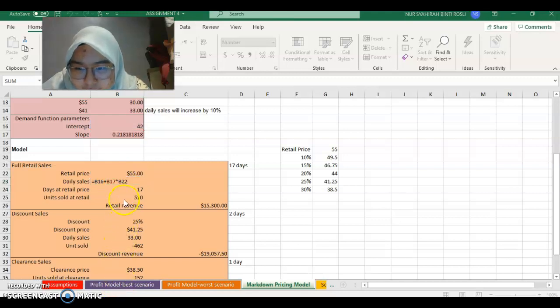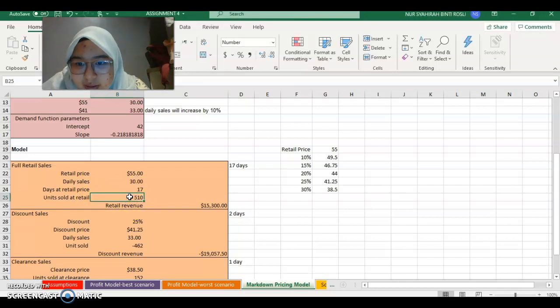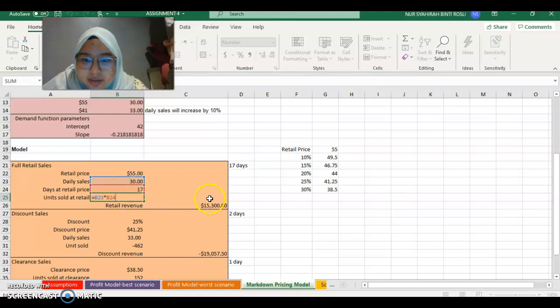And for the days, it is 70 days. The units sold at retail is the value of the daily sales times the days at retail price, and the retail revenue I get from the units sold at retail times the retail price.